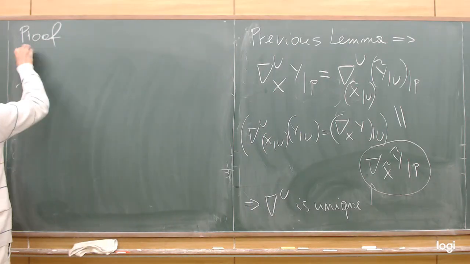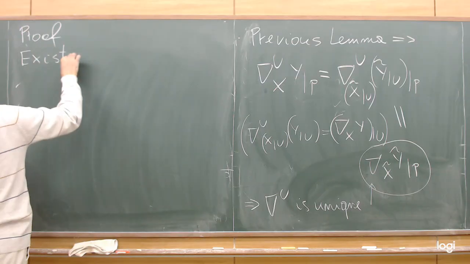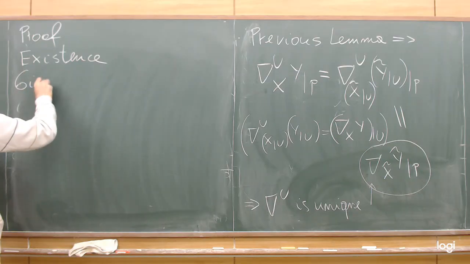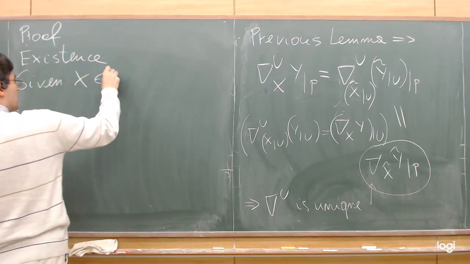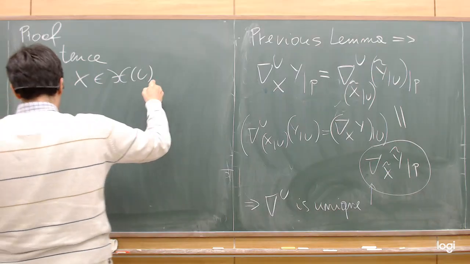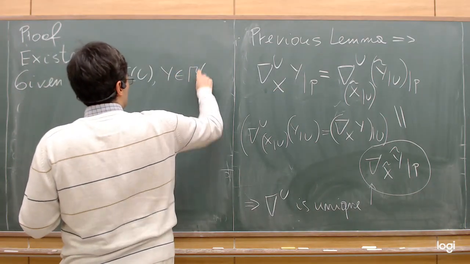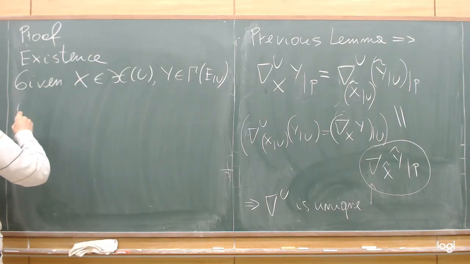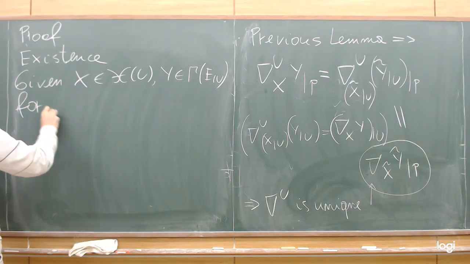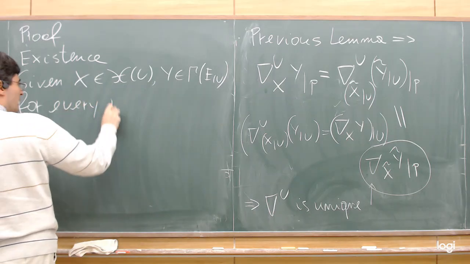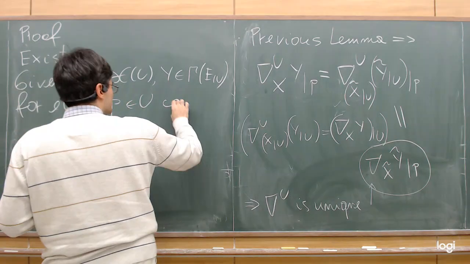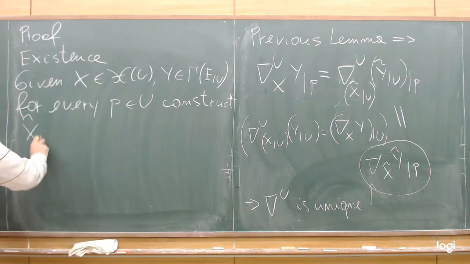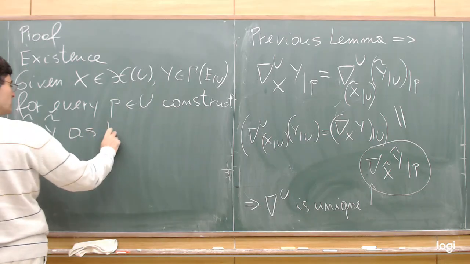Now we have to prove the existence. So given x in K of U and y in gamma E restricted to U, for every p in U, we construct x tilde and y tilde as before.